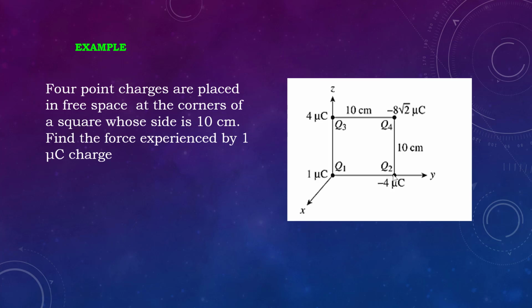So each distance from Q1 to Q2, Q2 to Q4 or Q2 to Q3 is 10 centimeters. By knowing this, we can find out the coordinates of each charge. So let us solve this example on the whiteboard.